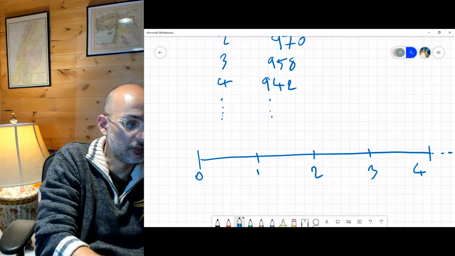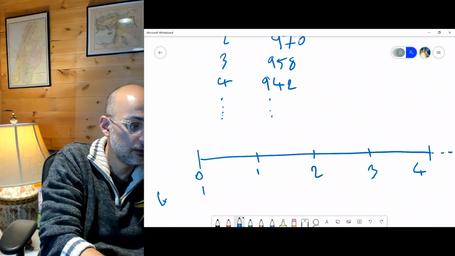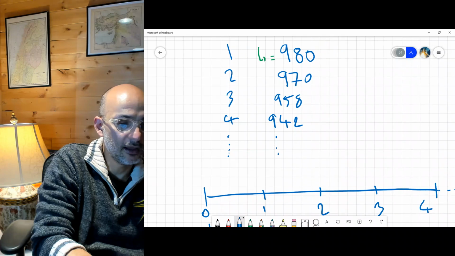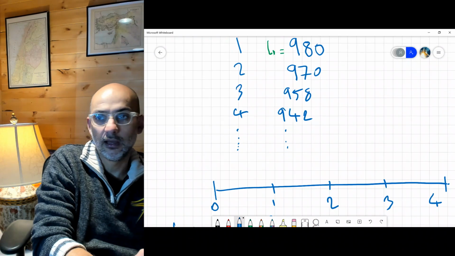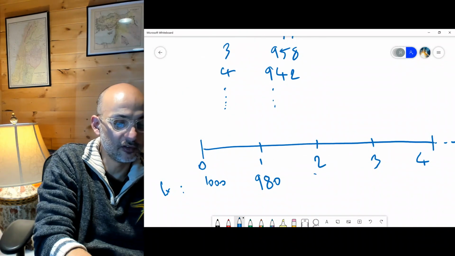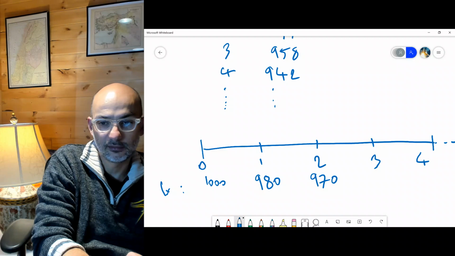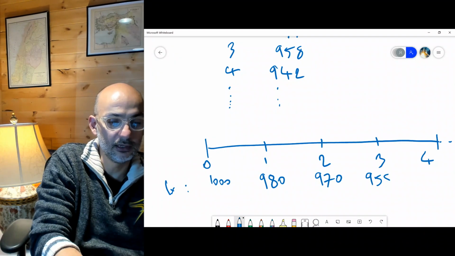We started with 1000, so l0 is 1000. l1, we said, is 980. l2 is 970. l3 is 958, and l4 is 942.